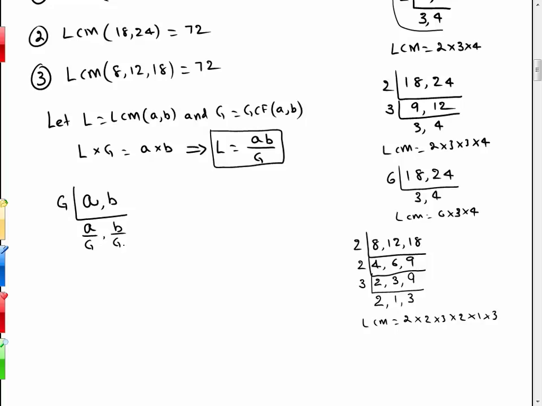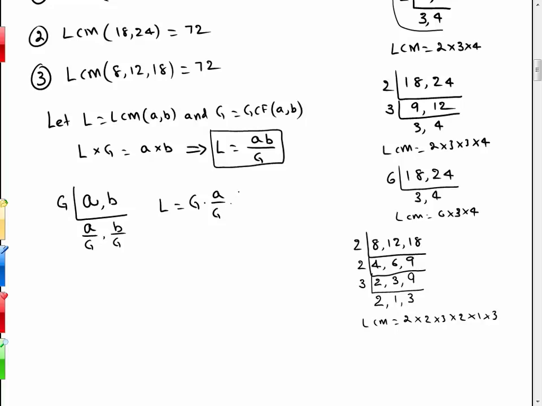Now, because we divided both A and B by the greatest common factor, A over G and B over G must be relatively prime. That means there is nothing other than 1 that goes into A over G and B over G. There cannot be a factor other than 1 that goes into A over G and B over G. Well, that's the stage where we say, hey, multiply all the outside terms. The LCM L will be just the product of all the outside terms.